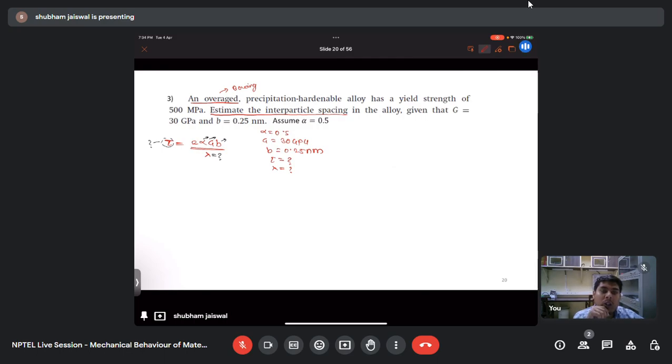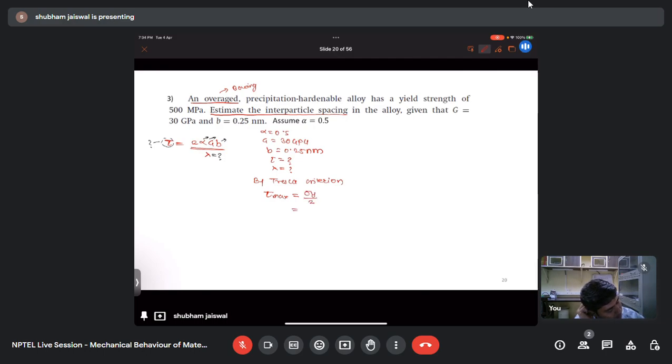Here we have only one sigma given, that is the yield strength of the material. So by the Tresca criterion, tau max is equal to sigma y upon 2.